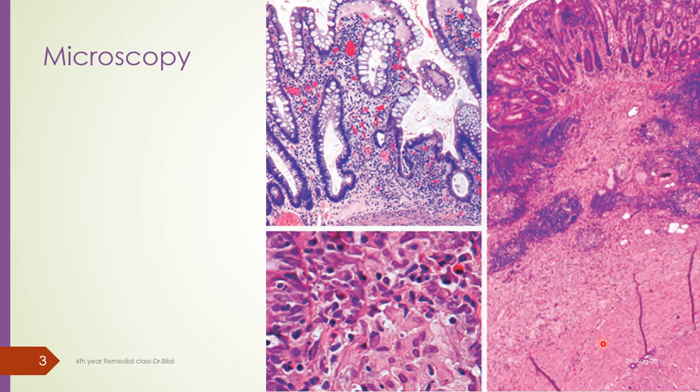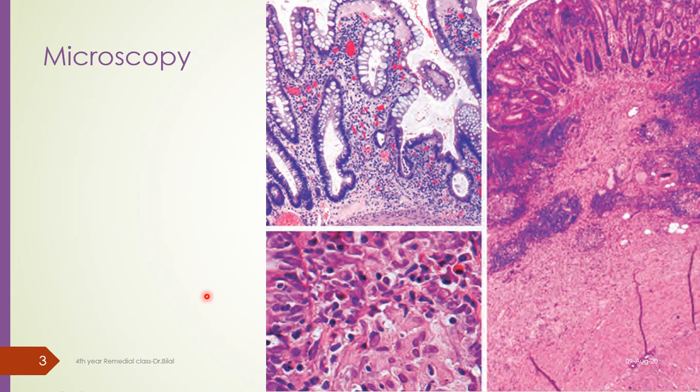So this is different from ulcerative colitis. In this photomicrograph, they are showing a granuloma. A very important microscopic feature of Crohn disease is the formation of non-caseating granulomas. Now, the word non-caseating is important because caseating granulomas are a feature of tuberculosis.